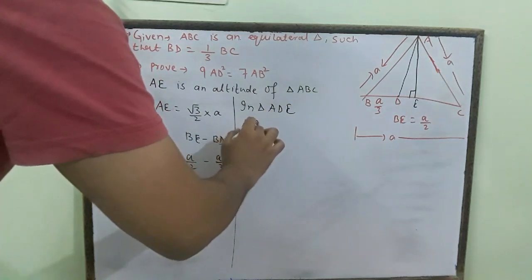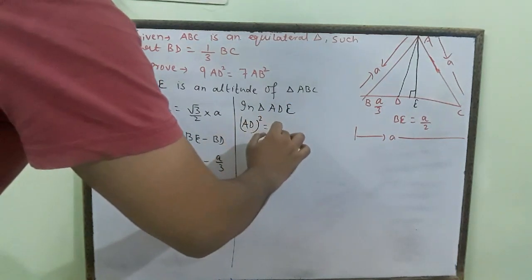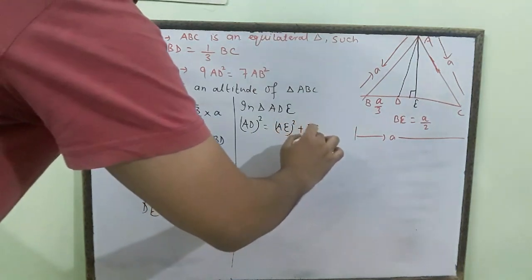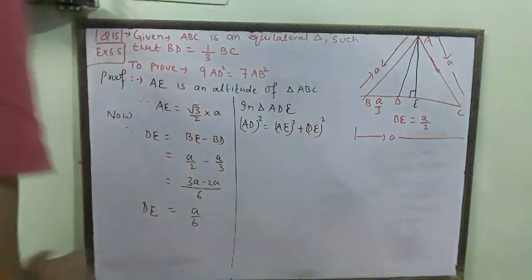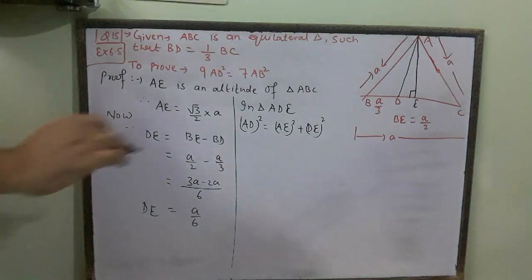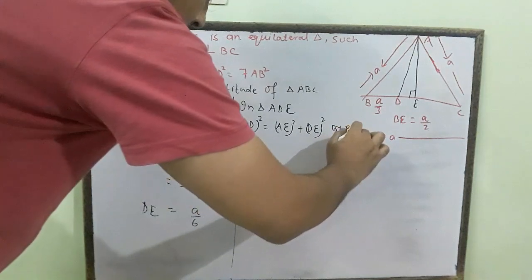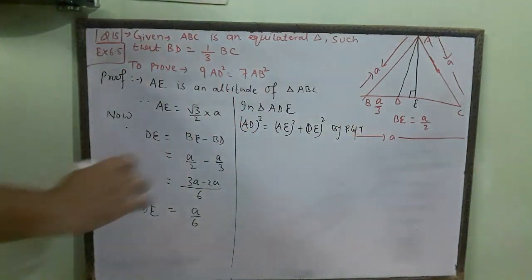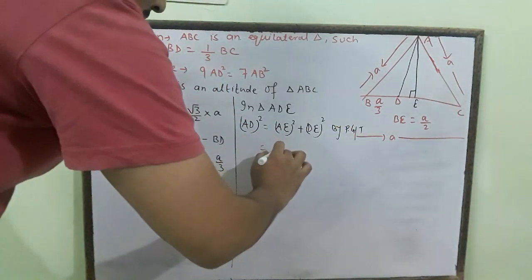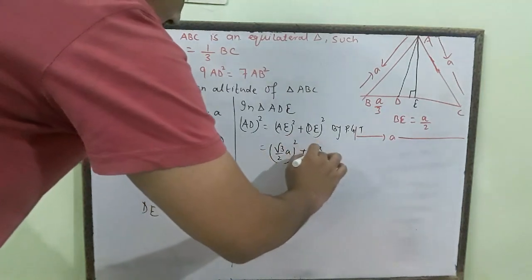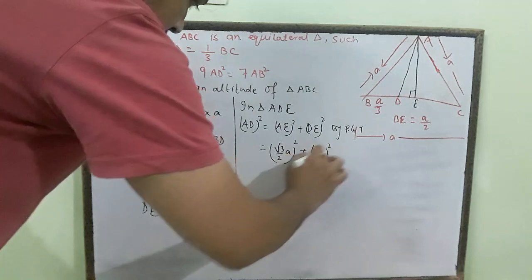AD square can be written as AE square plus DE square by Pythagoras theorem. Now put the value of AE, that is root 3 by 2 A whole square, and DE, A by 6 whole square.